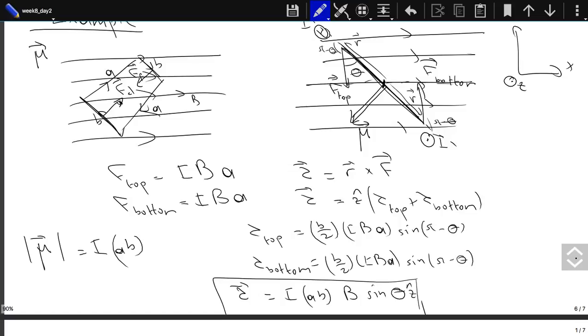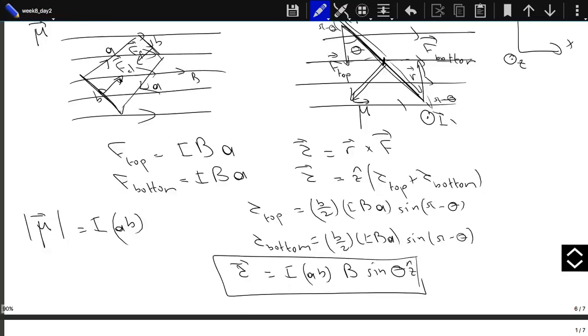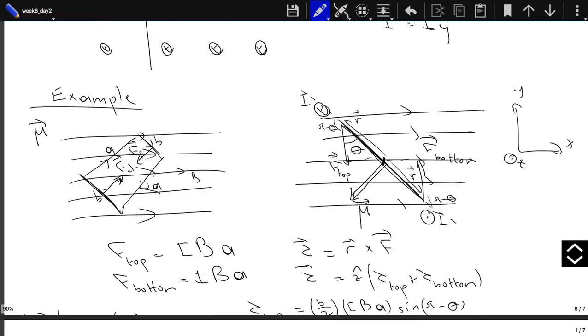So that is the Z direction. Now let's look at the magnitude of mu cross B, which is the magnitude of mu times the magnitude of B times sine of the angle between the two.